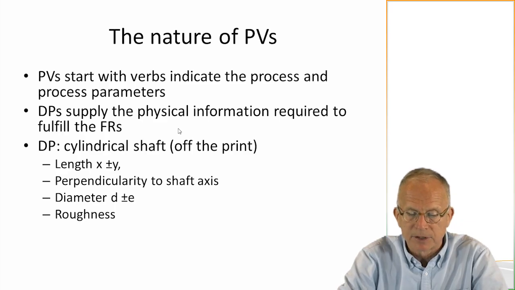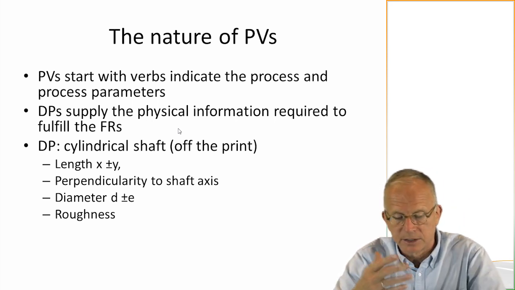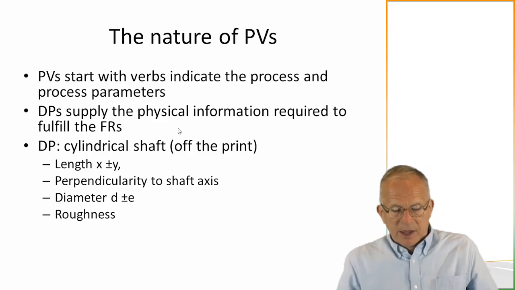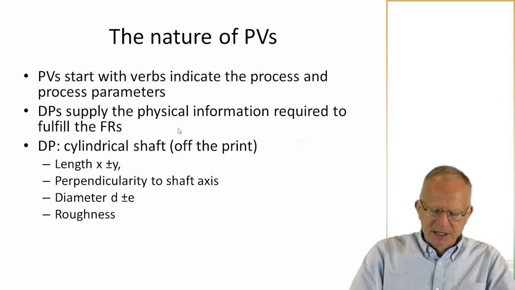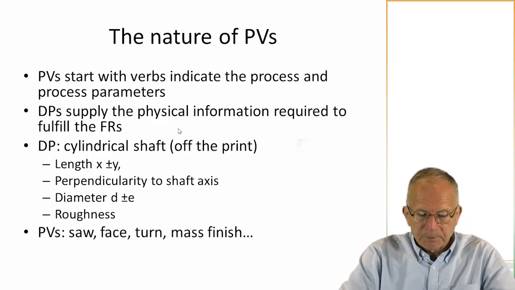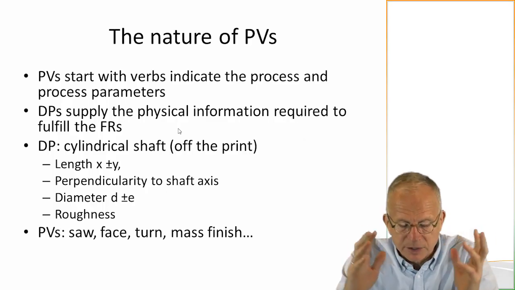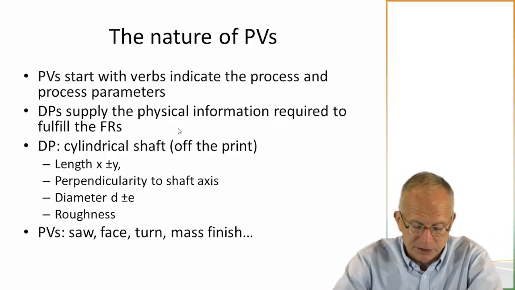The DP, for example, might be a cylindrical shaft with a certain length, perpendicularity to the shaft axis, some diameter plus or minus something, and some kind of roughness. PVs are going to be processes like saw, face, turn, mass finish.